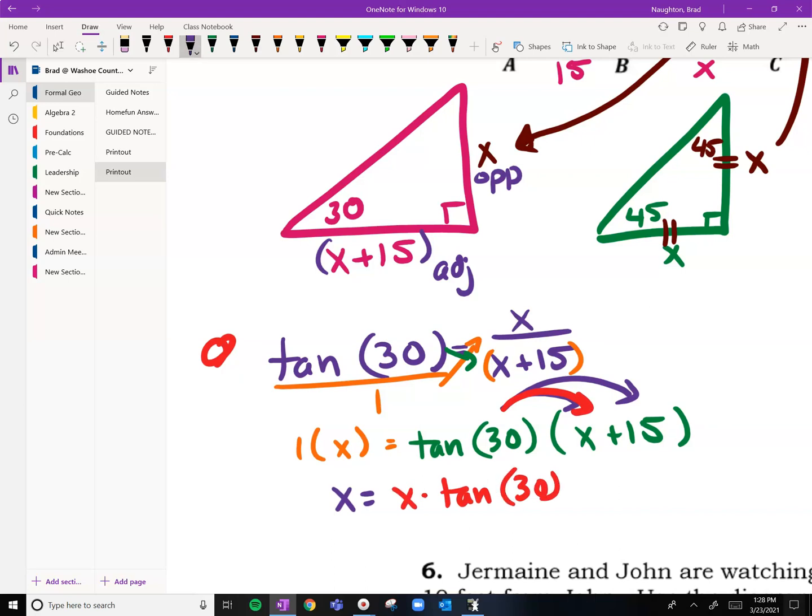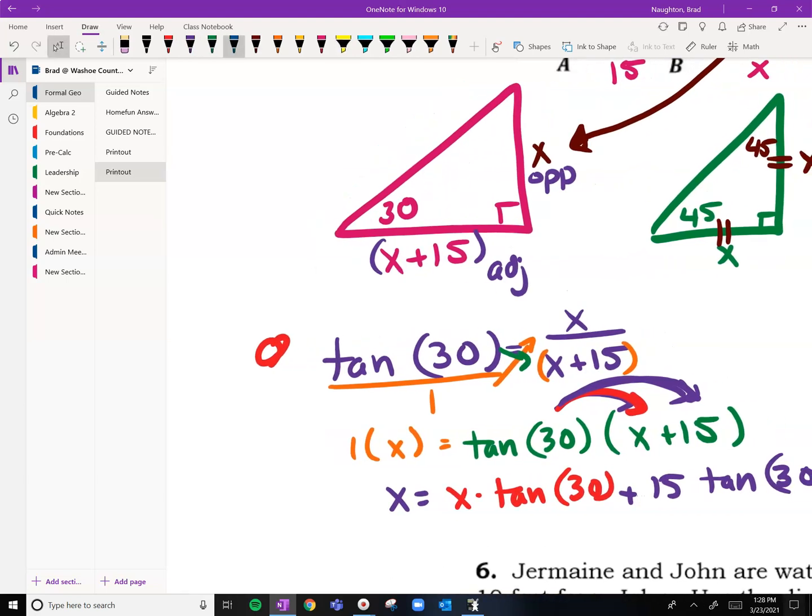And then the purple one, that'll be plus 15 tangent 30. So, ladies and gentlemen, if I had X is equal to, we'll say, 0.577X, hypothetically speaking, plus 6, we would bring this over to that side and solve, right?